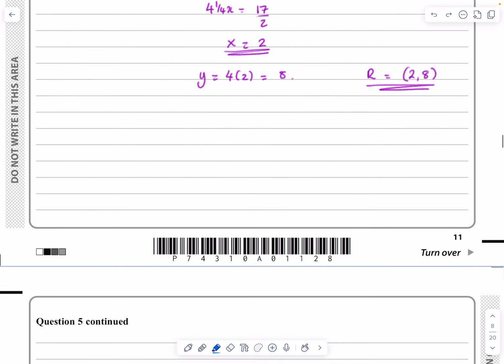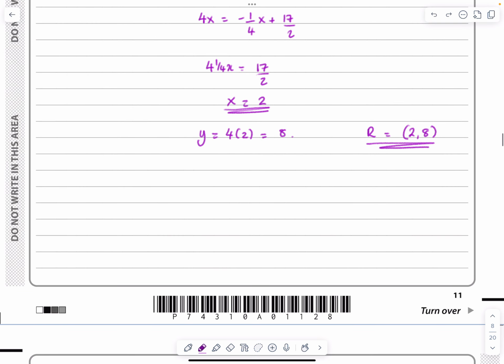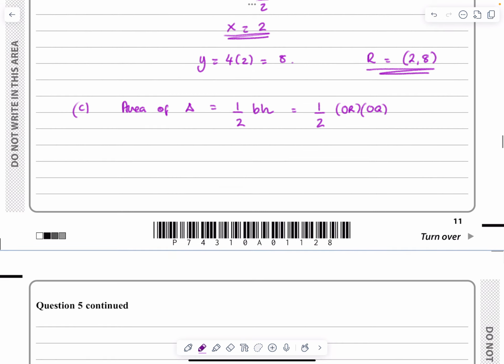Let's make it clear for the examiner what I'm going to be doing. So say area of triangle is going to be equal to half base times height, which is going to be a half OR times PQ. Let's work out those two.